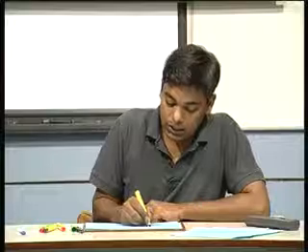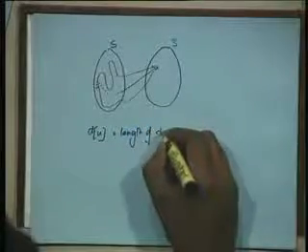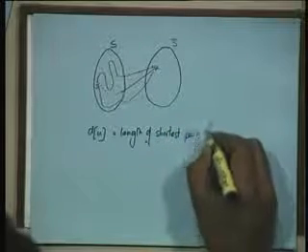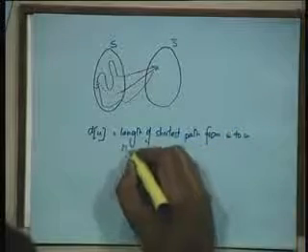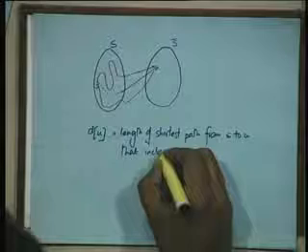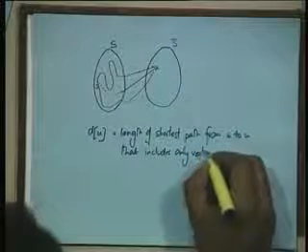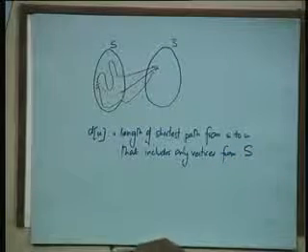So, formally I could write D of u equals length of shortest path from S to u that includes only vertices from the set S. Right.